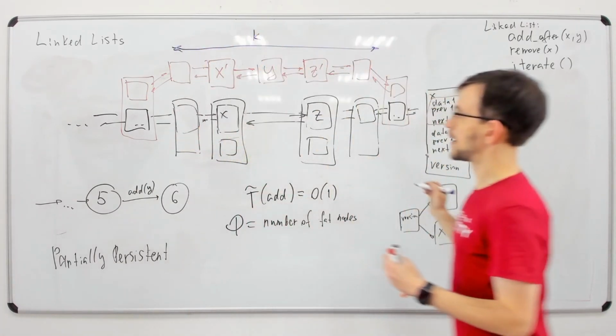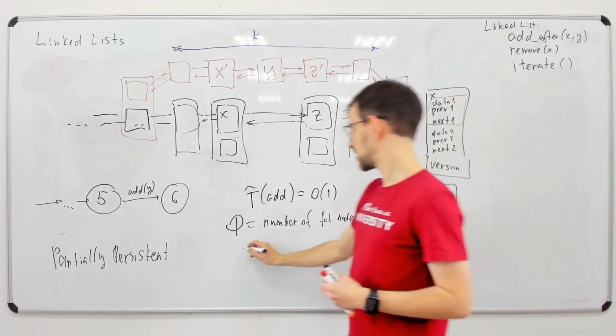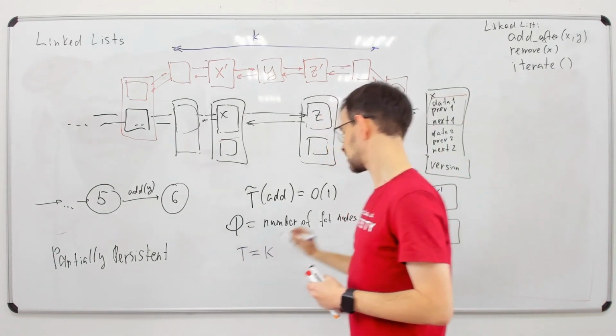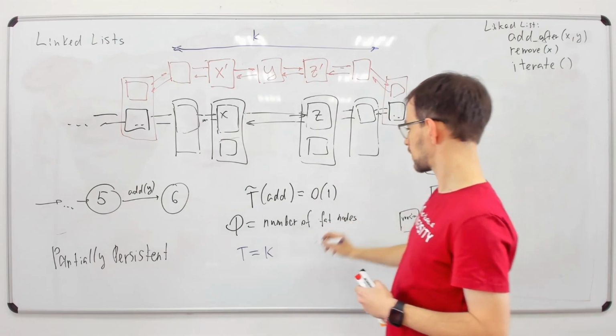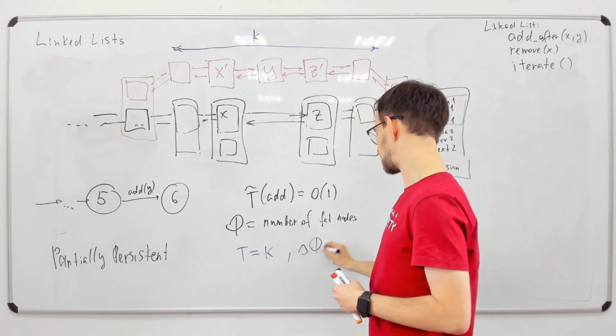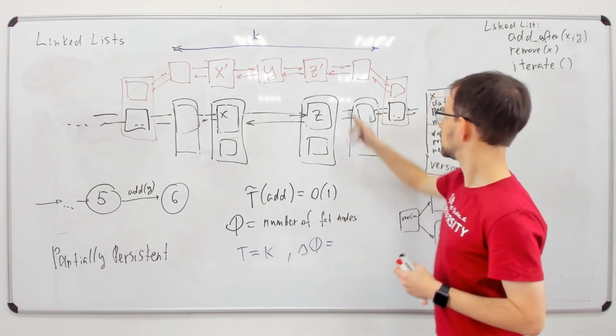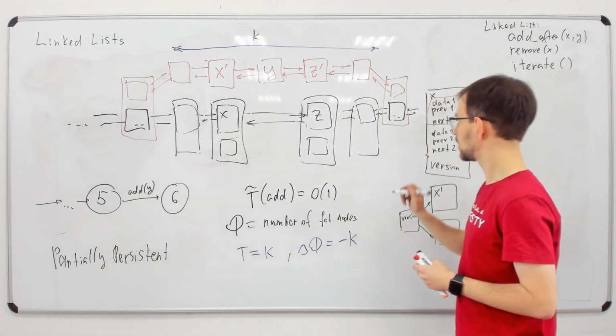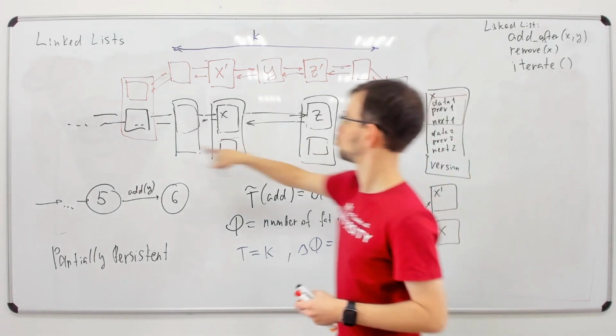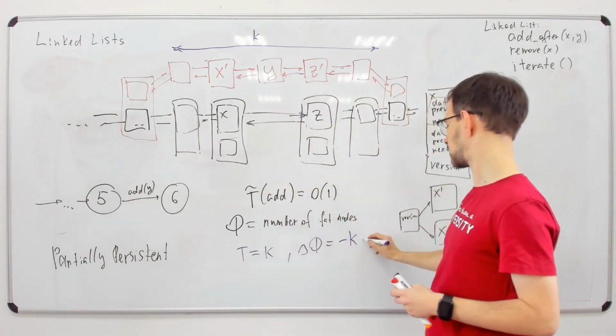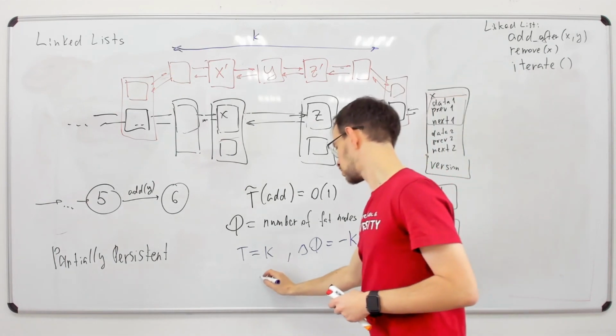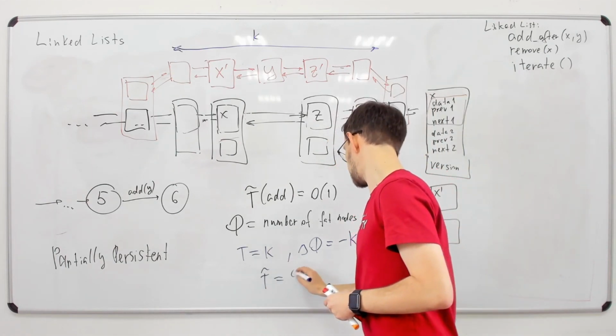So if you copy k elements here, then you spend k operations to copy these nodes, and the change of the potential will be minus k plus 2. So we have these two new full nodes, plus 2. So the amortized time complexity will be 2.